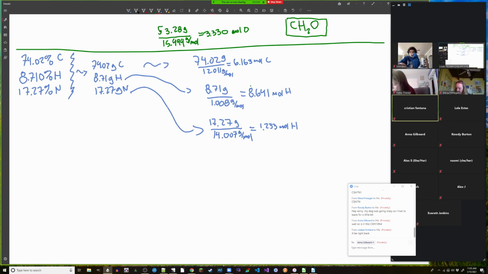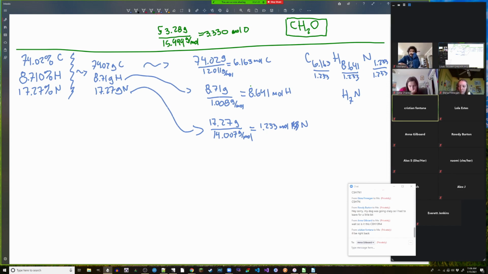Okay, so here is our number of moles. I put an H. This should be an N. My apologies. The smallest number is the 1.233, right? We're going to divide by that. And what we end up getting is, let's see, I get 7.008 for H. That's going to be a 7.